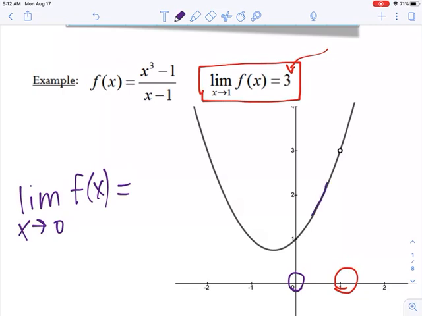If we follow the curve from the right side, and if we follow the curve from the left side, it looks like our y values are getting closer and closer to 1. So that would be our limit. Whether there is a hole there or whether there is a coordinate there, that's what's going to help us determine what that limit is.